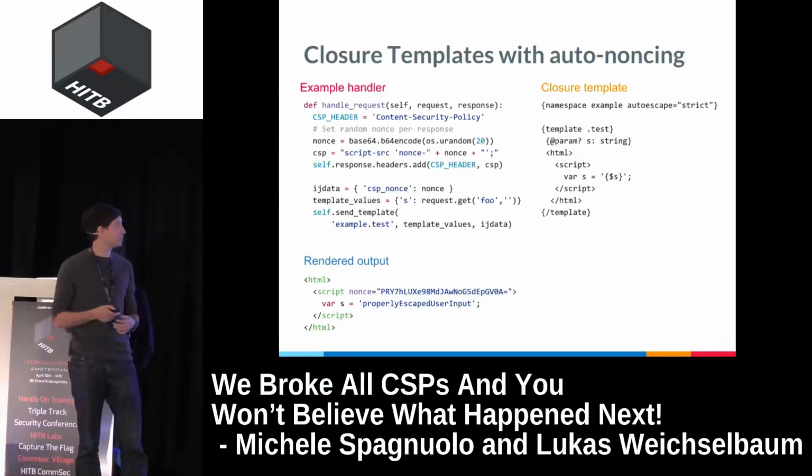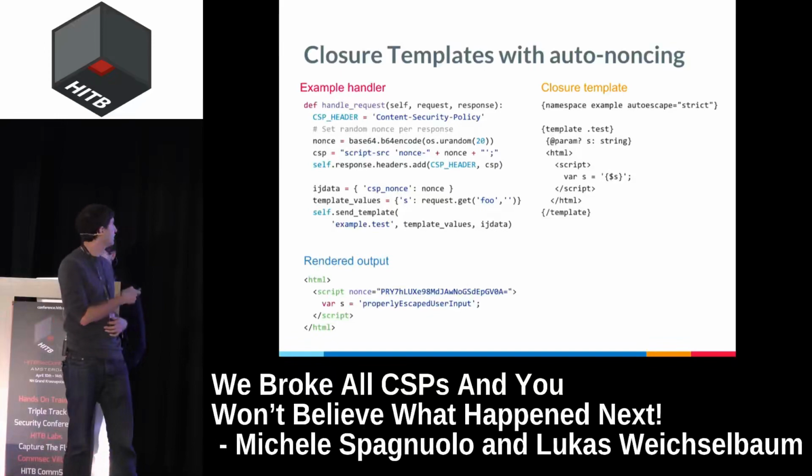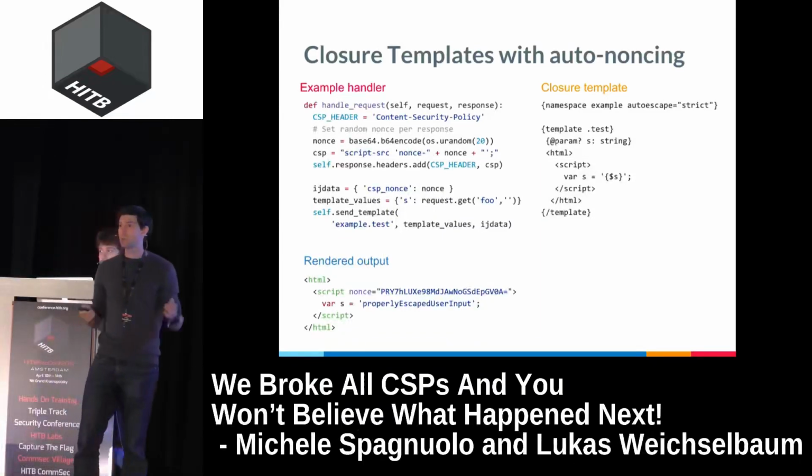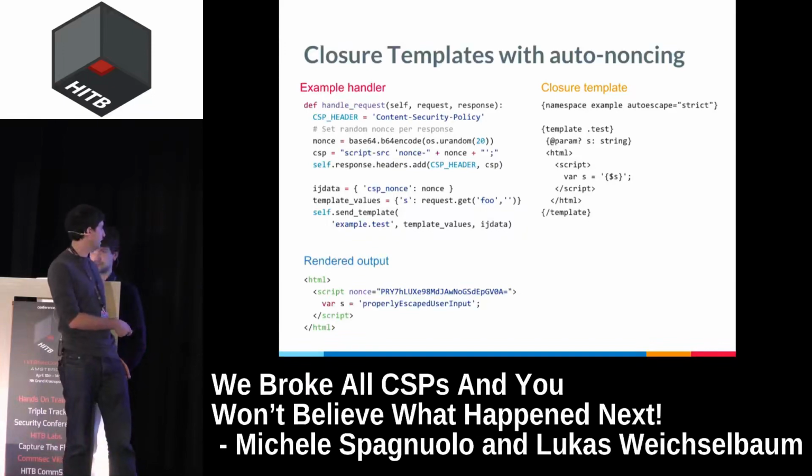And on top of that, Closure also works very well with CSP. So there's an example event handler. You don't have to understand the code, but it basically generates a random nonce. And this random nonce is set in the CSP header, and it is also passed as metadata to the templating system. You can do this in one base handler, in one central place, right? Not for every template. And then the result is actually very nice.